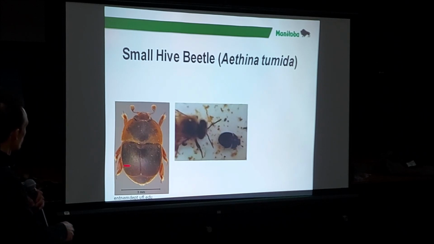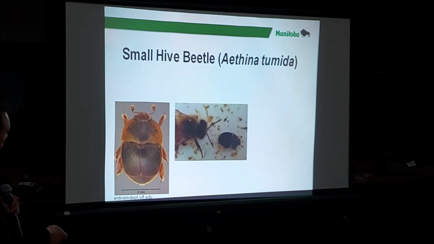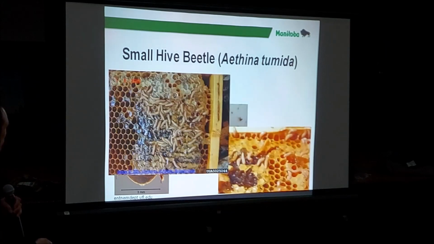And it has kind of these really short elytra, which are covering the wings, and an exposed abdomen at the bottom there. But the clubbed antennae really give it away. It can be kind of brown or black in appearance. This is just in relation to a bee. You can definitely see it with the naked eye.